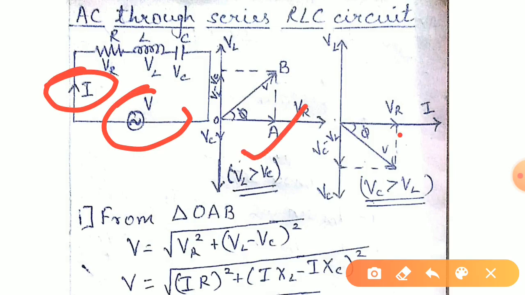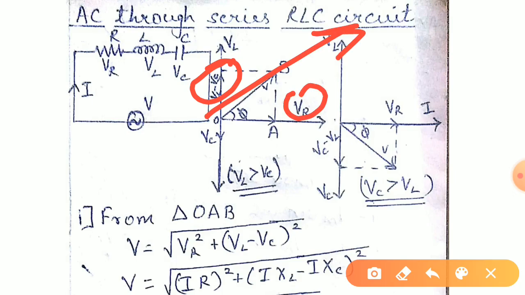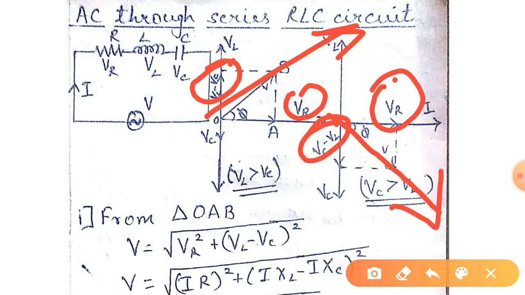We already discussed the phasor diagram: when XL is greater than XC, we will have VL minus VC and VR with a vector sum of V, while if VC is greater than VL, that is XC is greater than XL, then we will have VC minus VL and VR with a vector sum of voltage V.